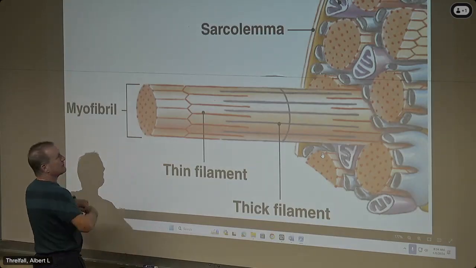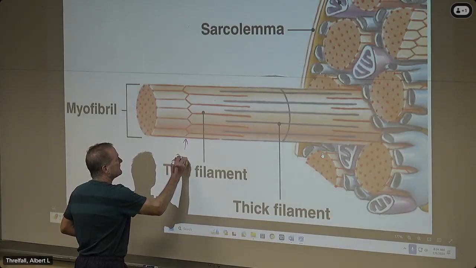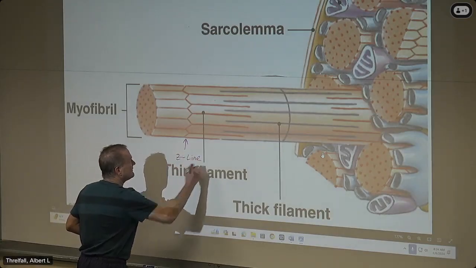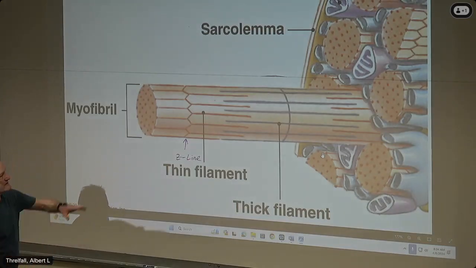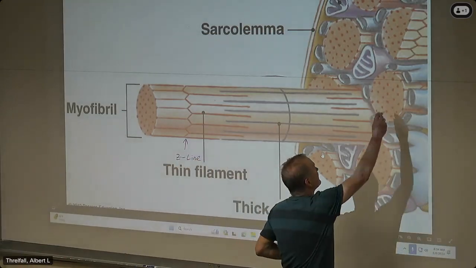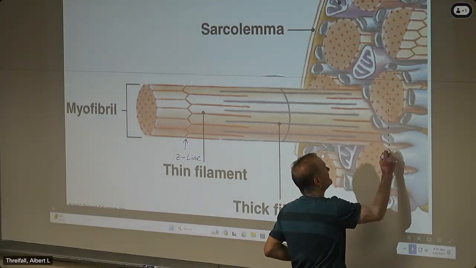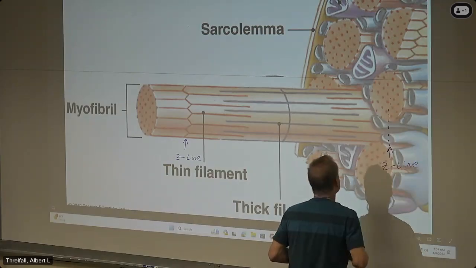So if we start with that area, that line, that's a Z line. And we don't see the other Z line. It would be roughly down here. We'll see it in a minute in a different picture.